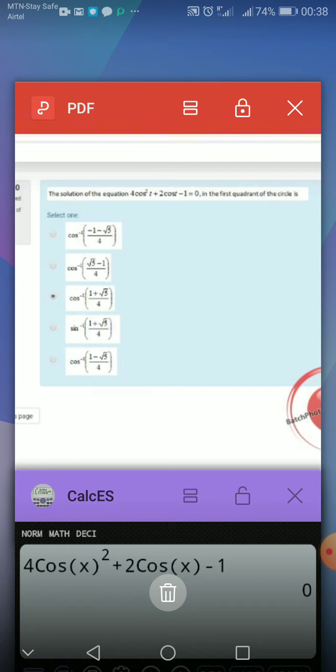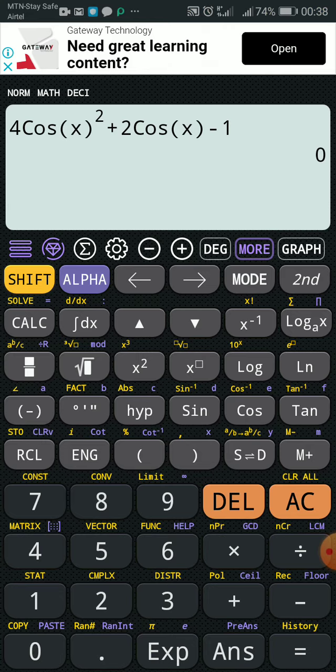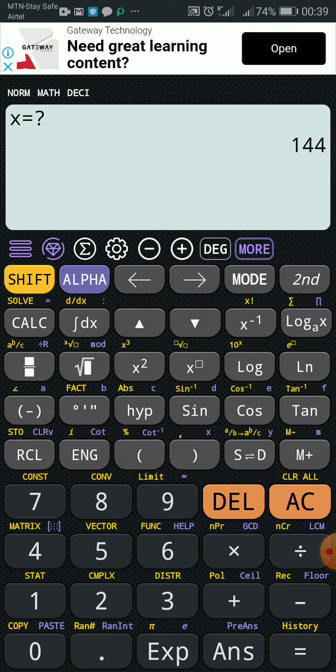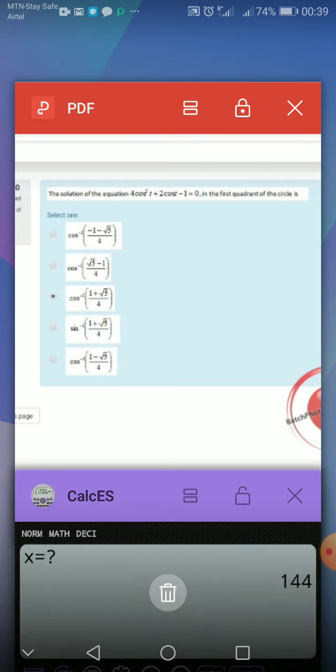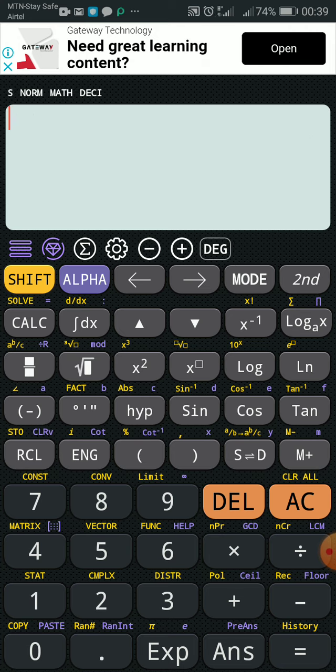But let's try the second one. Cos inverse of root 5 minus 1 over 4. Let's see. Would that be? Let's see that. In this case, we may have to still press calc because it's not giving us a chance. Okay, so let's press equal to and see. Now it's showing us x, so let's substitute another value for x. Cos inverse of root 5 minus 1 over 4, shift cos inverse of root 5 minus 1, then all over 4.